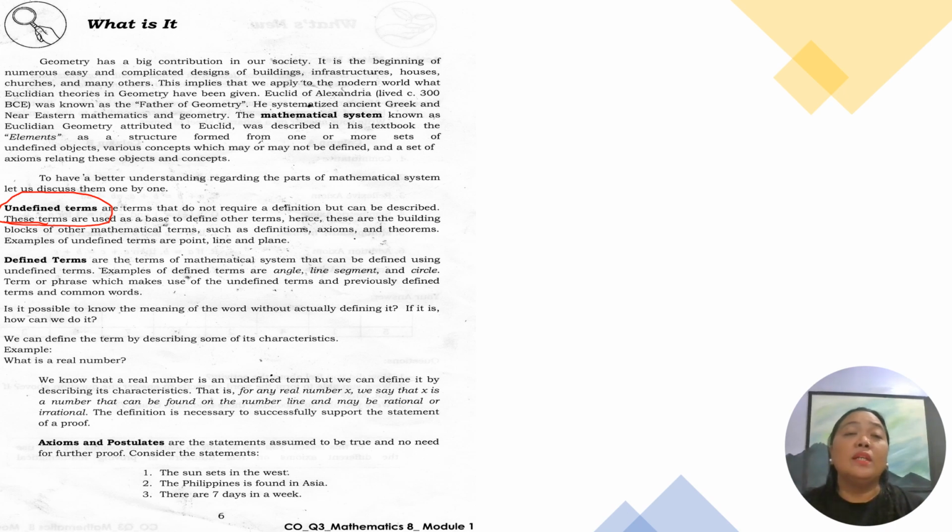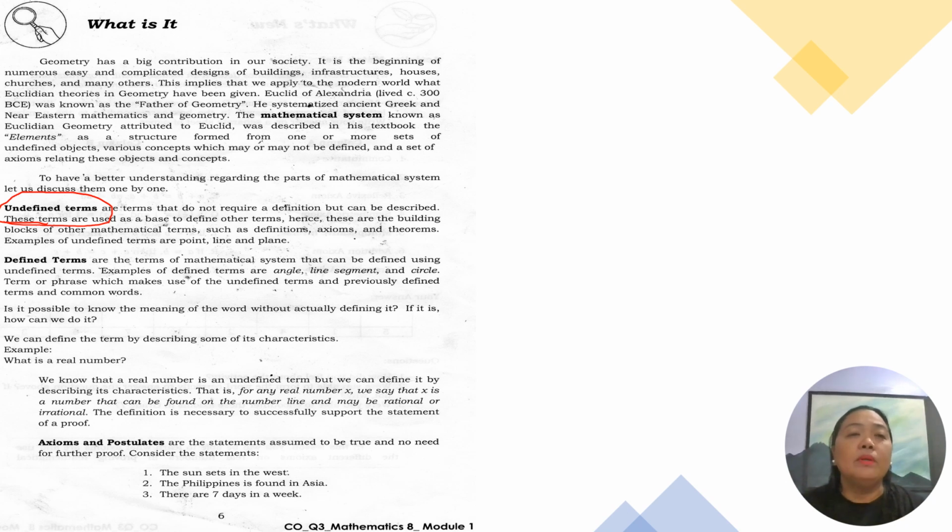The undefined terms are used to define other terms like definitions, postulates, theorems, or axioms. These are the building blocks of other mathematical terms. So undefined terms are very helpful when we want to prove a certain theorem or statement.